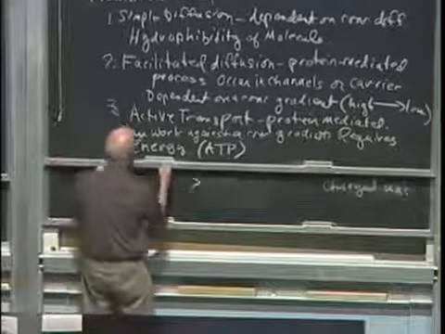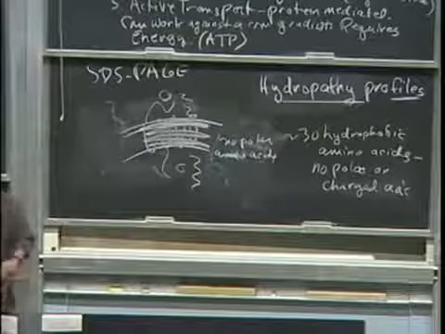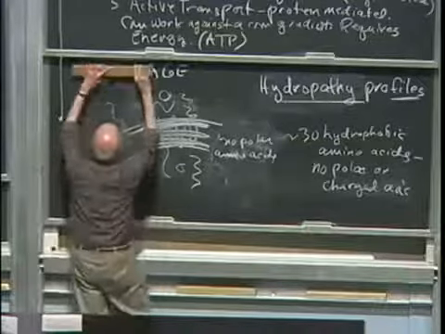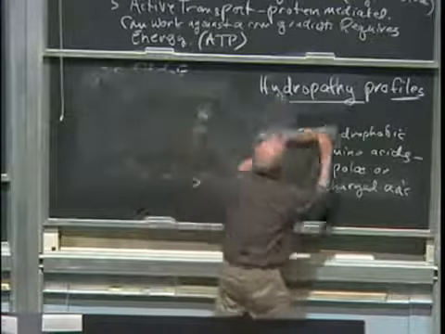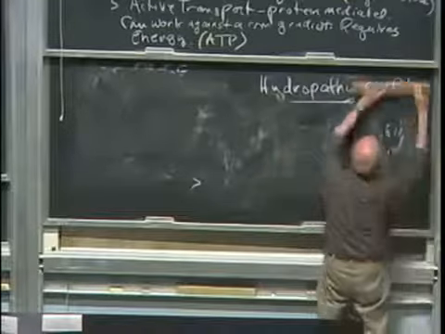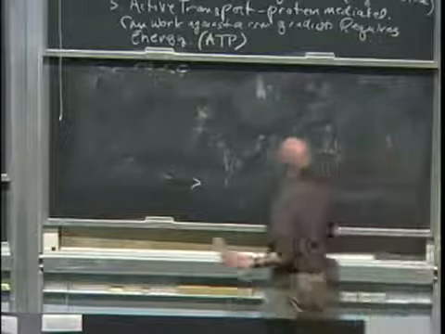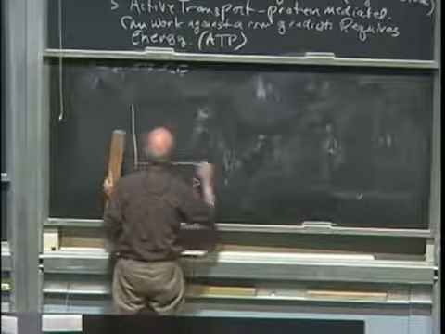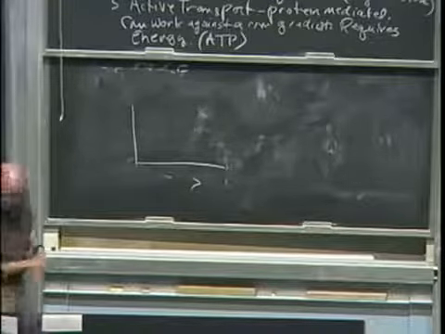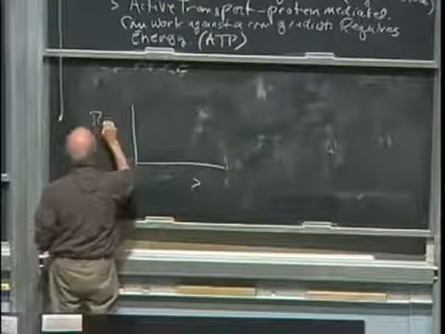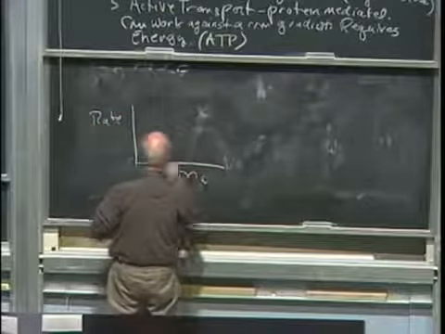The last thing I'll mention, because it's a good place to stop, and then I'll finish this on Monday, is when you look at how molecules are transported, if you look at simple diffusion, so this is the rate of diffusion versus the concentration.